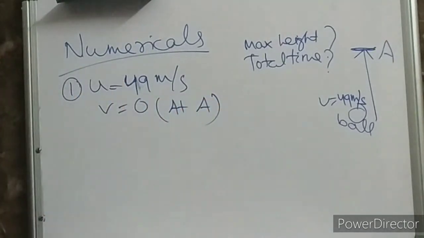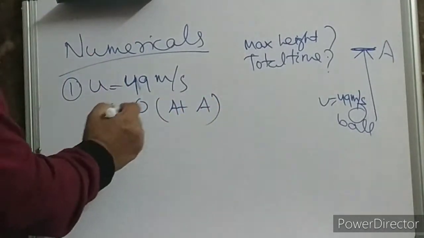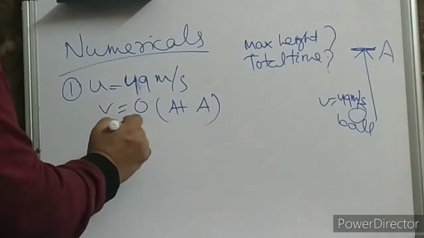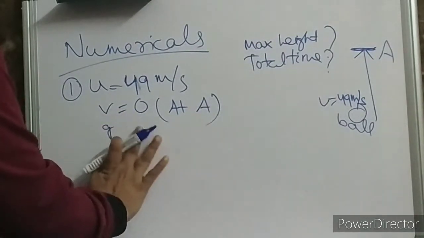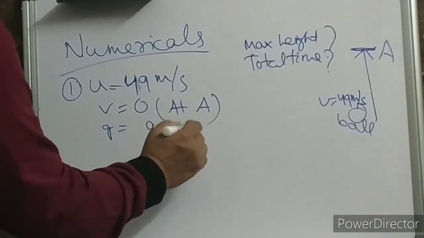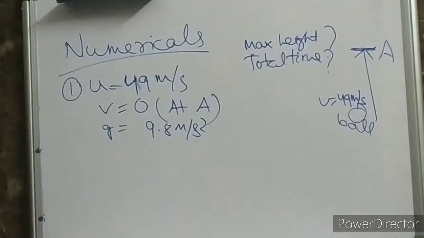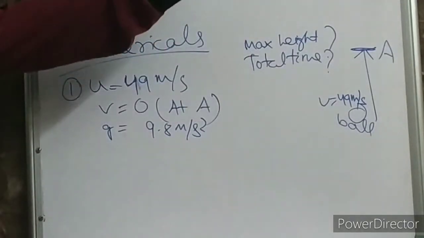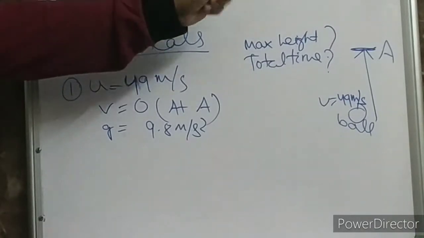Clear? Okay. And what is g? g is equal to 9.8 meter per second square. Tell me whether I will put plus or minus sign for g. I have already told, when you are throwing up you are working against gravity.